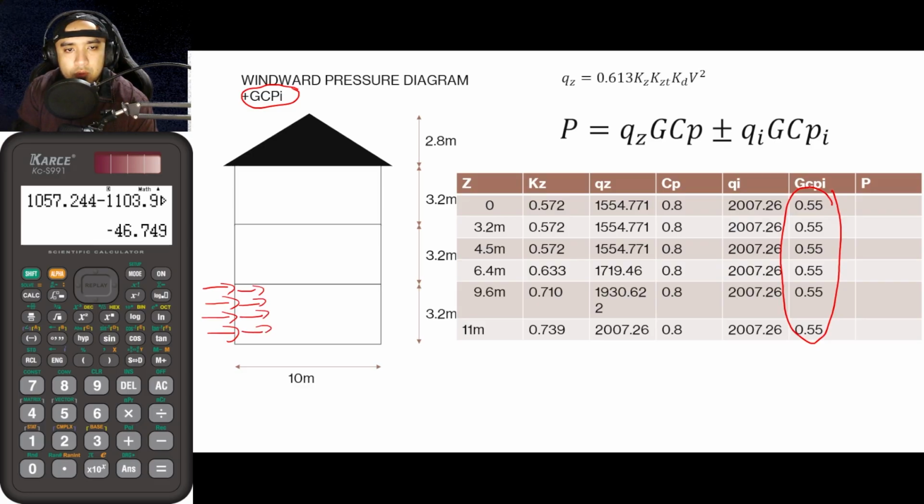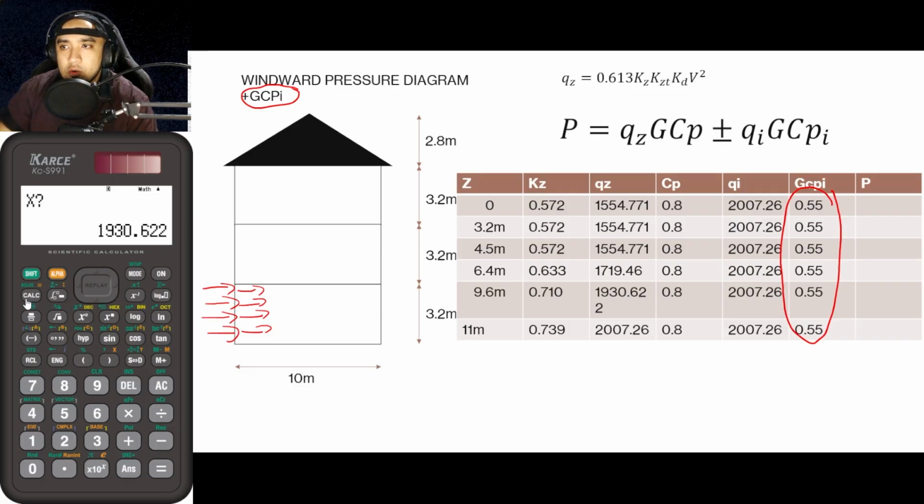So they would now be in the same direction, and if you would be mathematically computing for it, it would just add. Okay? So in that case, looking at the calculator, that is QZ times G, that is 0.85, times CP, that is 0.8, plus 2007.26 times 0.55, which is positive.